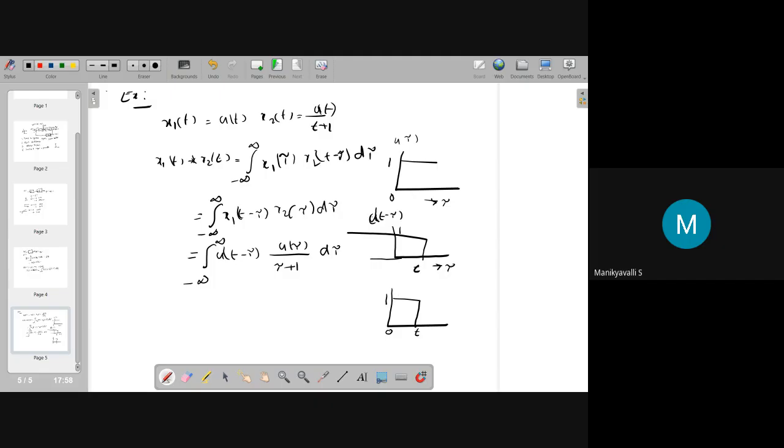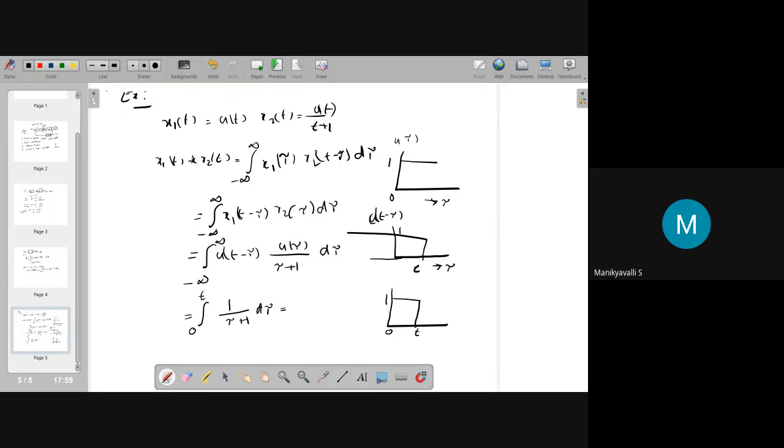So in the convolution integral, your limits will be 0 to t instead of minus infinity to infinity. Then u of t minus tau into u of tau, because the magnitude is 1, you will get 1 divided by tau plus 1 d tau.